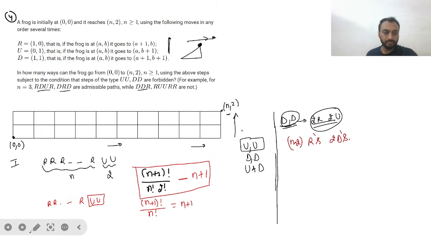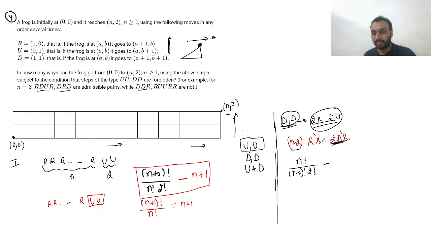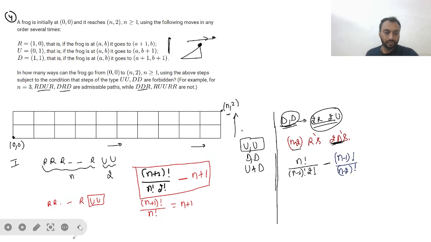Using the same formula, it is n factorial by n minus 2 factorial and 2 factorial. We also have to subtract the case when the 2 D's are together, which gives n minus 1 factorial by n minus 2 factorial. That is the case when we are using 2D.